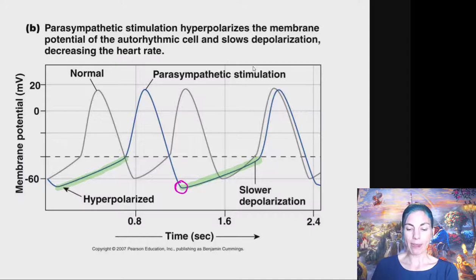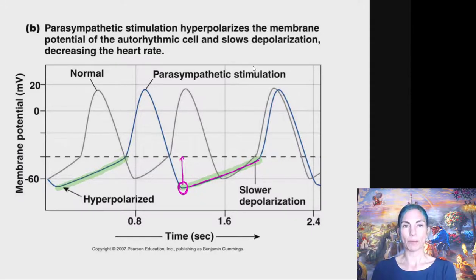So one thing you might notice is that we start our pacemaker potential in a more hyperpolarized state. So it's going to take longer to reach that threshold. And then the other thing you'll notice is that the slope is a little bit more shallow.